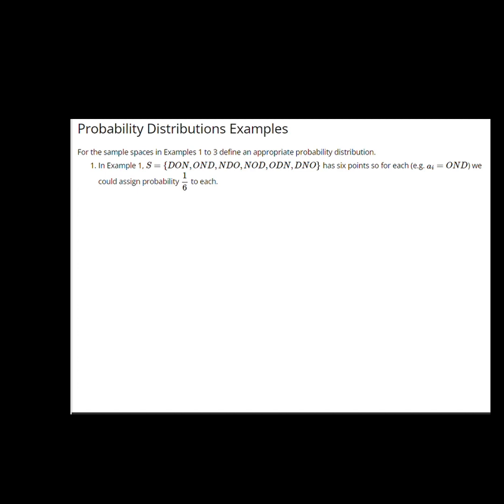For example, Ai equals OND would have probability 1/6 in this model. In example 2, we tossed a coin 3 times and recorded the 8 possible outcomes, HHH, HHT, and so on. It makes sense again in this problem to assign probability 1/8 to each of these outcomes.